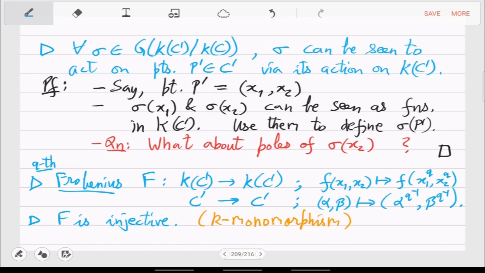No, the image is a Qth power, but not of f. Can the field of constants in Kc prime be a degree extension of FQ? No, C prime has points from the algebraic closure. You want alpha, beta to be in general anything coming from FP bar.